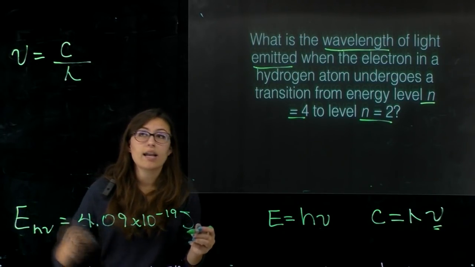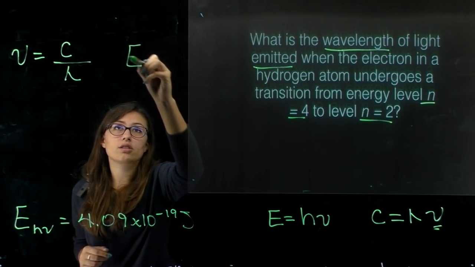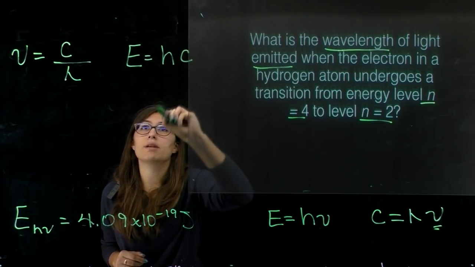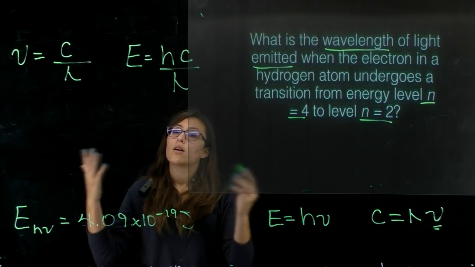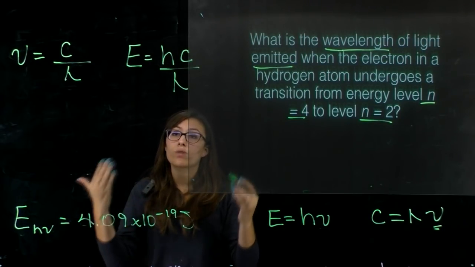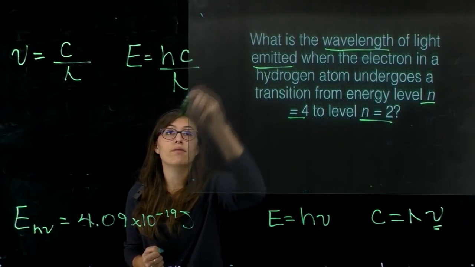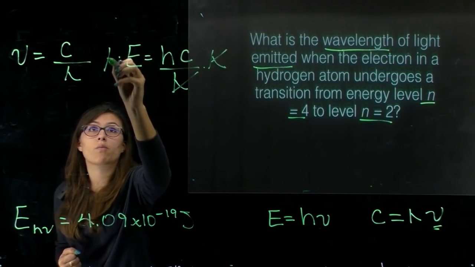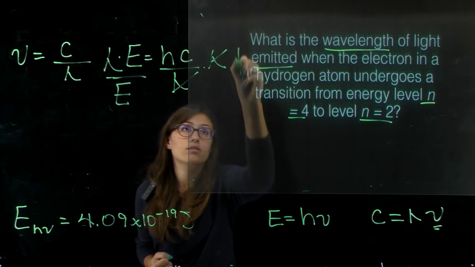Once I have that, I can plug it into the following equation. Energy is equal to Planck's constant times the speed of light divided by wavelength. Now I can rearrange to solve for wavelength: I multiply each side by wavelength, and then divide by energy.